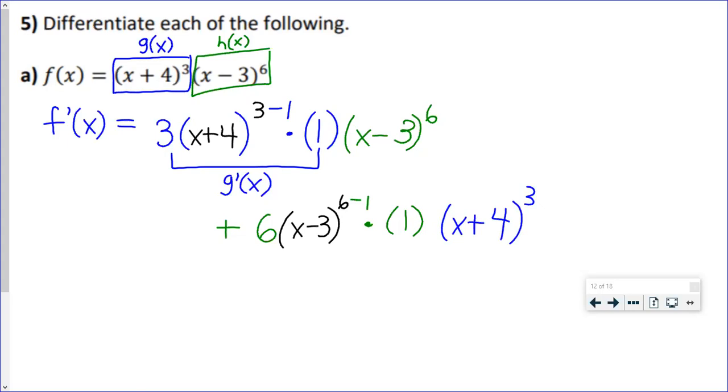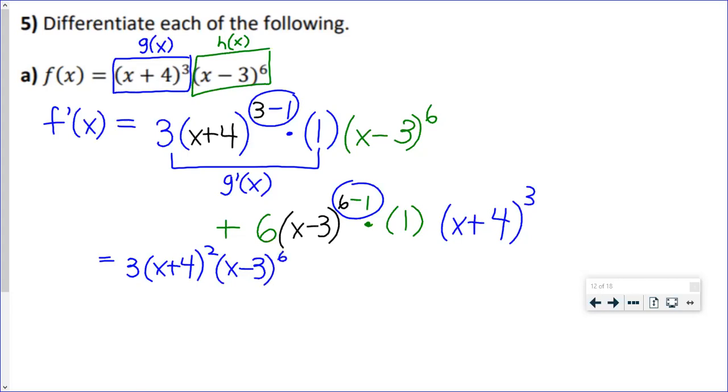Okay, now the trick to all of this is to try to separate what is in common, your greatest common factor, from everything else. But before I do that, I want to get rid of these little powers over here. So I'm going to rewrite the question as 3 times x plus 4 to the power of 2 times 1 times x minus 3 to the power of 6.